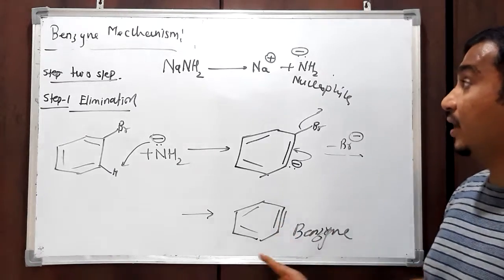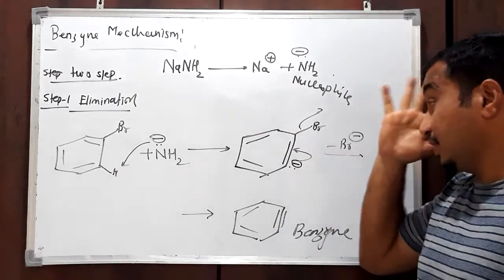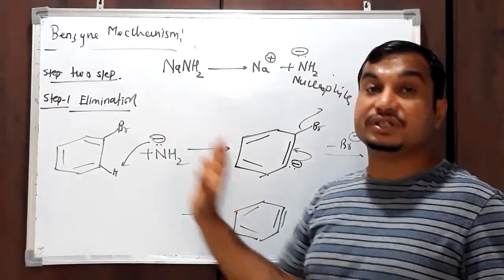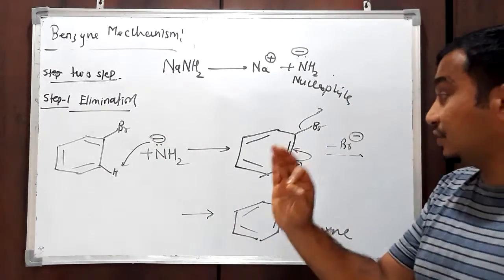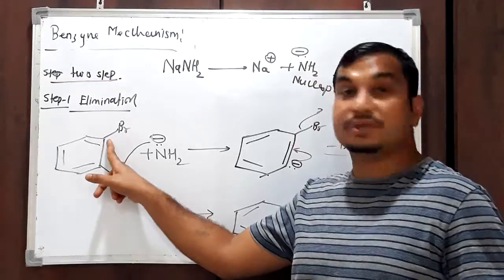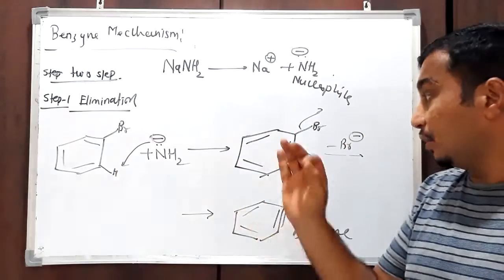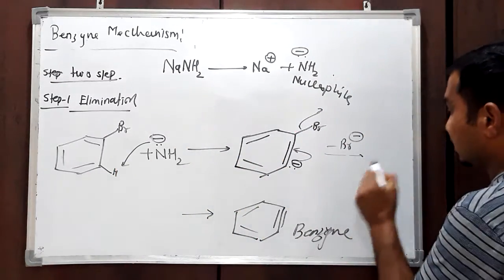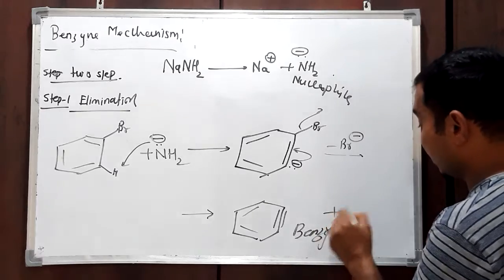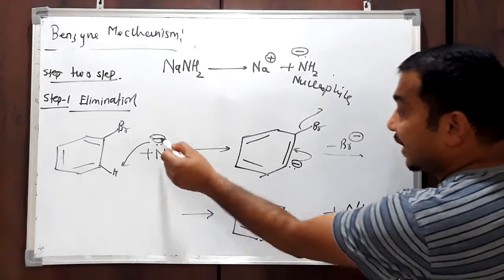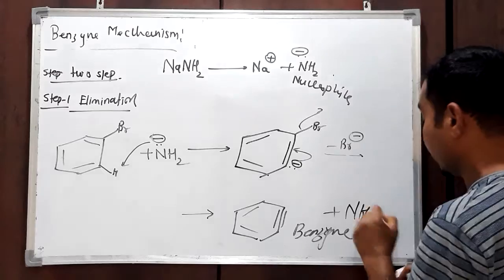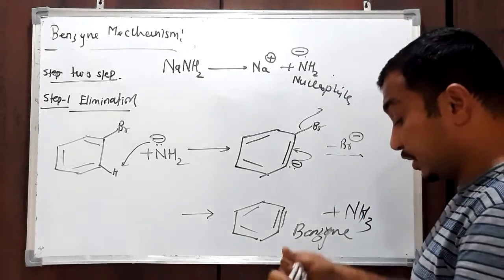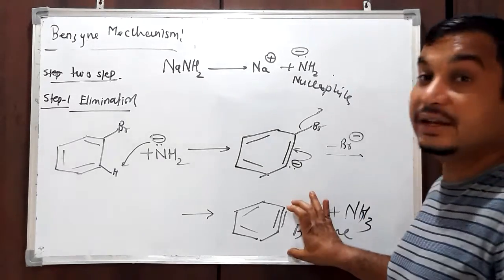This is step 1 of the benzyne mechanism, the elimination step. There is elimination of H from this carbon and Br from this carbon, producing ammonia from NH2 minus and H plus. So this is step 1. In step 1, benzyne forms.